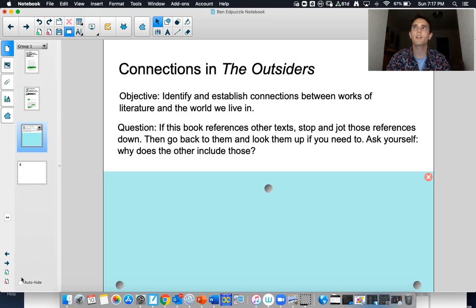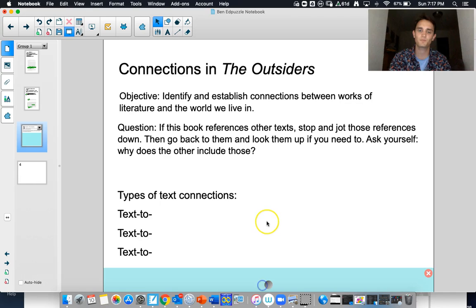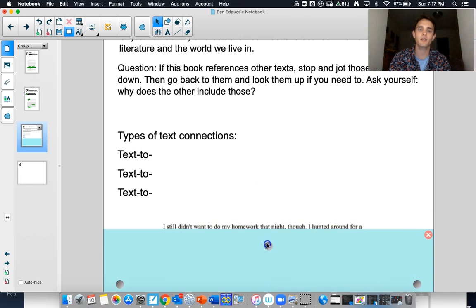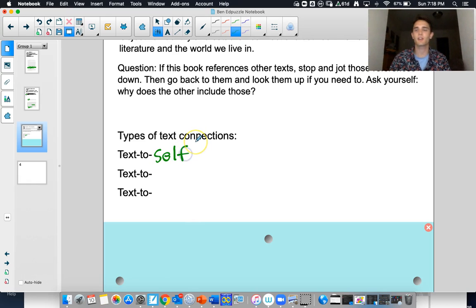So we've got to think about, okay, there's a couple of different types of connections that a book can establish. And specifically within ELA, we think of three main ones. So the first one that we see fairly often, and that teachers probably have asked you to do before, is what's known as a text-to-self connection.